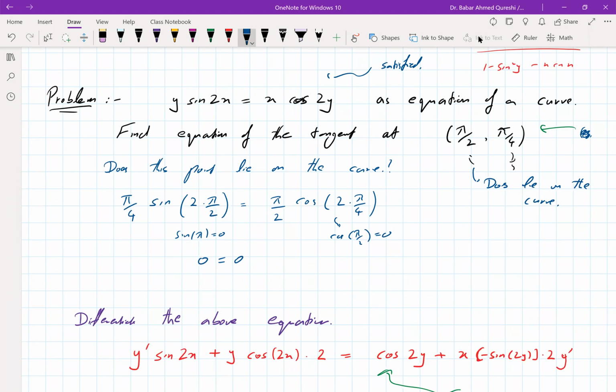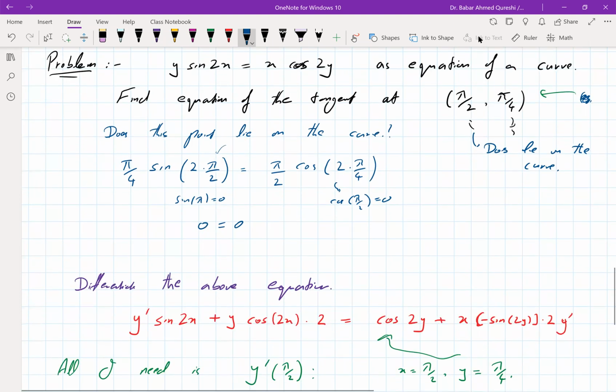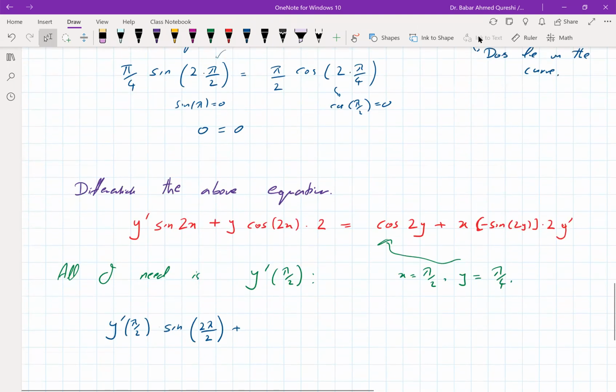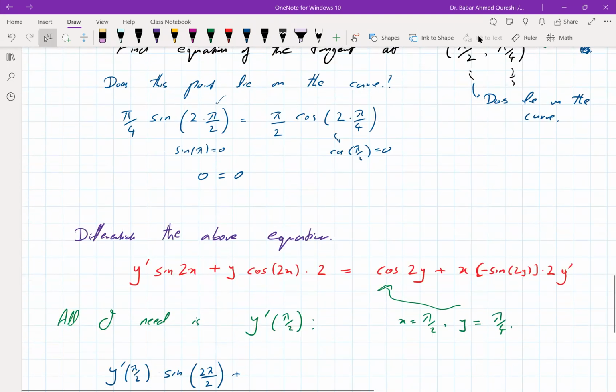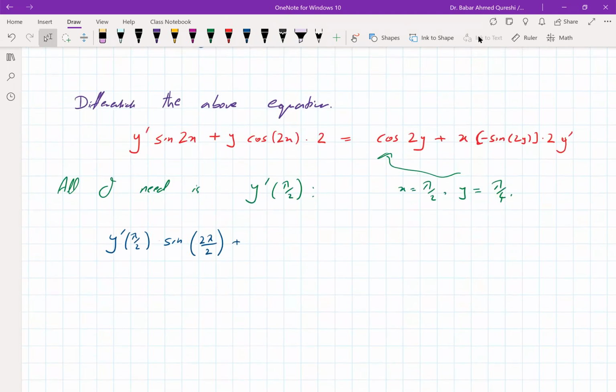No. Because if I put pi by 4 here, I get sine of pi by 2, which is 1, cosine of just minus 1. This is fine. Yeah, okay. Sine 2 pi by 2 and y is pi by 4.